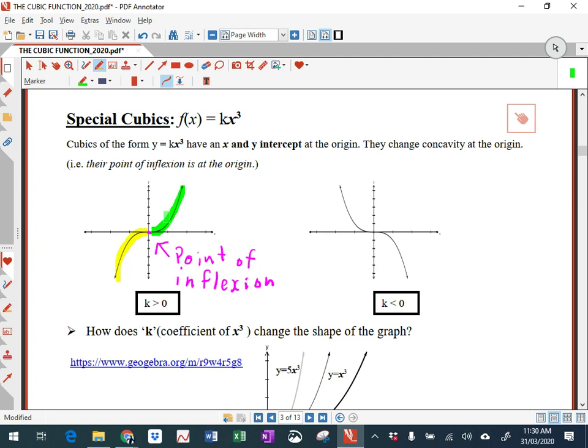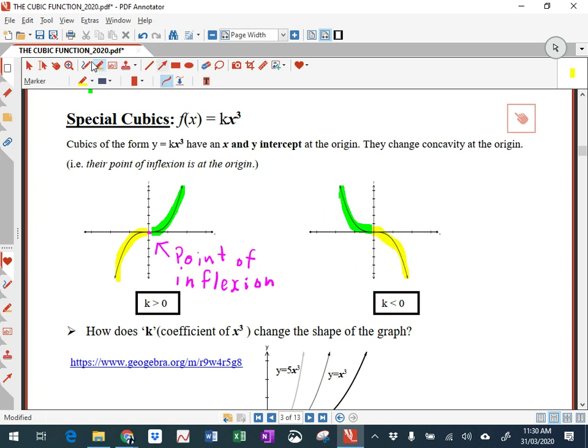There we go. So the point of inflection is where it changes concavity. And let's do this one. Over here, concave up is here, and then concave down.